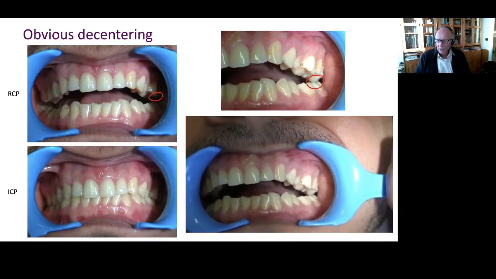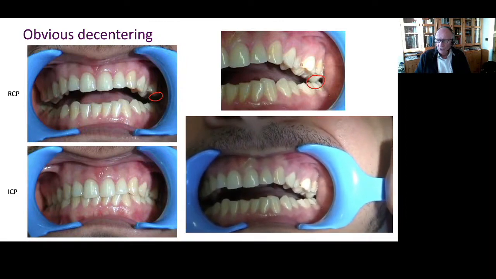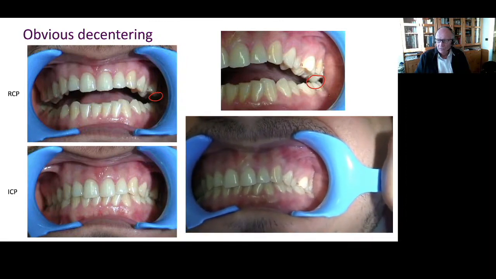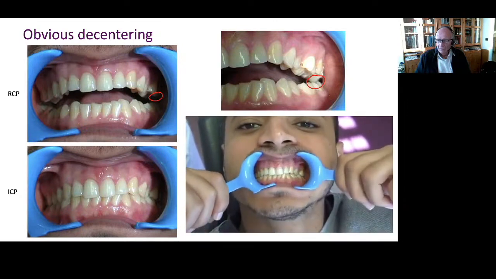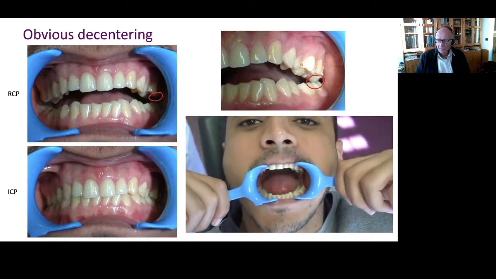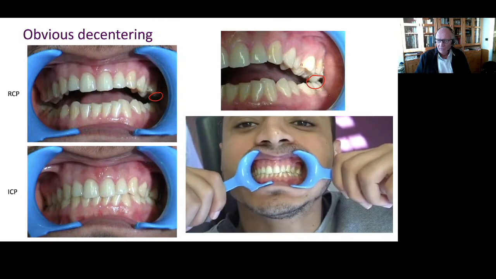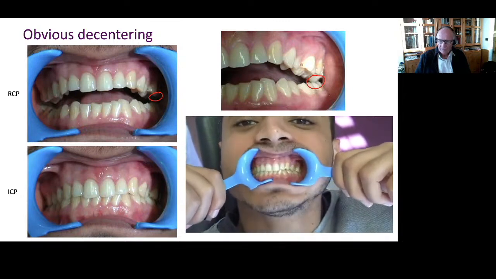RCP and after go to the ICP. If you look, when the patient opens normally and goes to the right side to close to avoid the premature contact. Look at.